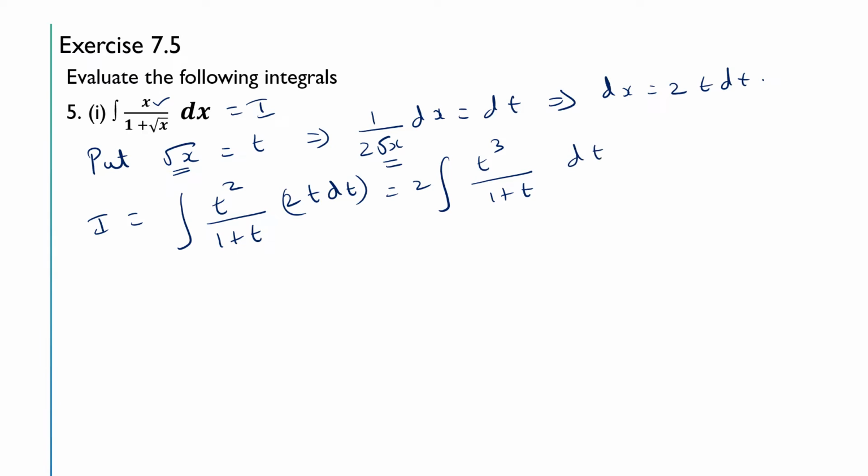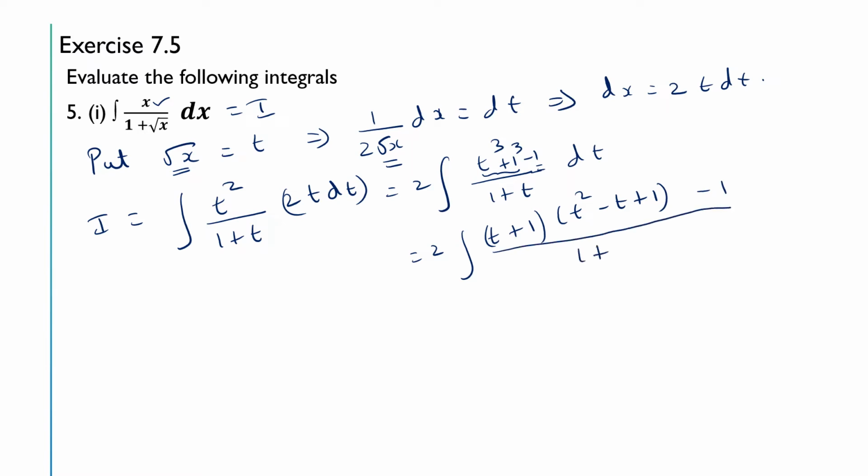Here we have to simplify this, so let us add and subtract 1 in the numerator. So we can combine these two. It will be t cube plus 1 cube. So this is equal to 2 into integral. Using a cube plus b cube formula, we get t plus 1 into t square minus t plus 1. Then this minus 1 is here separately divided by 1 plus t dt.